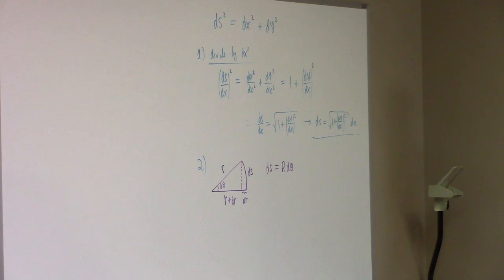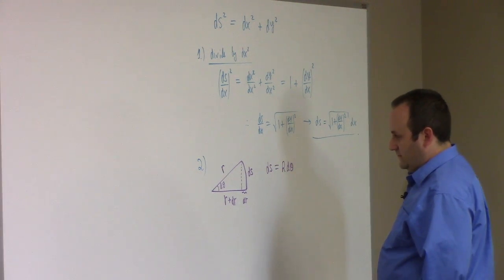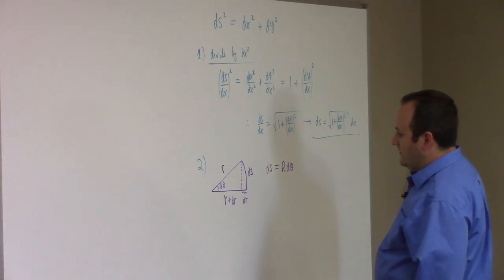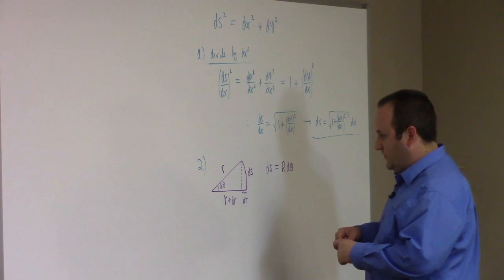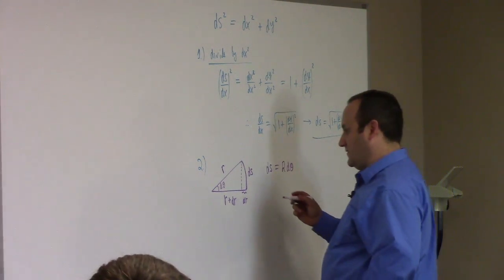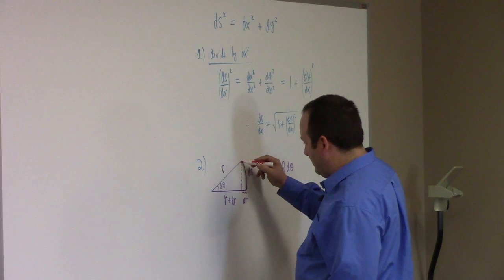And on the other hand, we could look at ds in terms of a little triangle, the little triangle, not the big triangle, though both triangles are tiny.